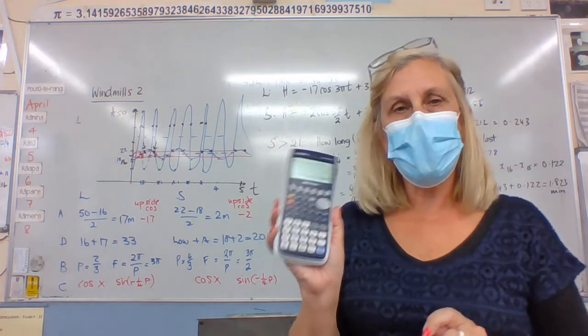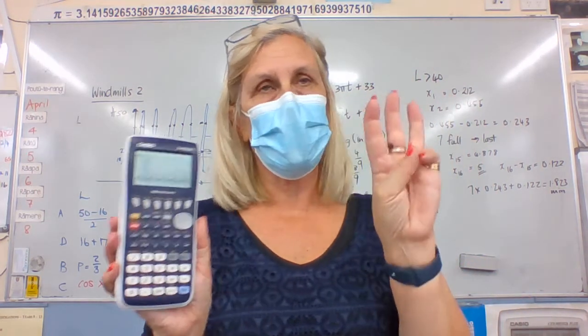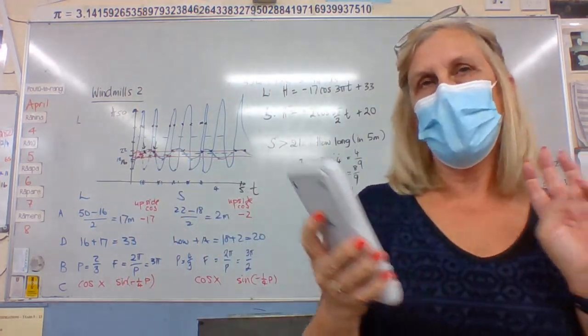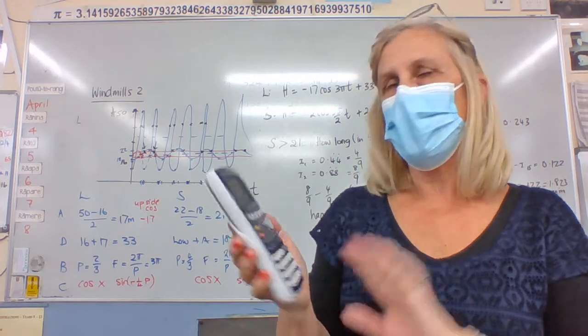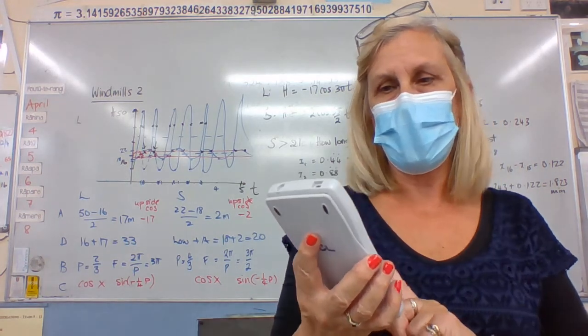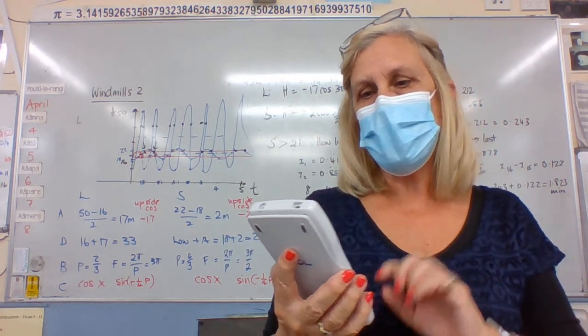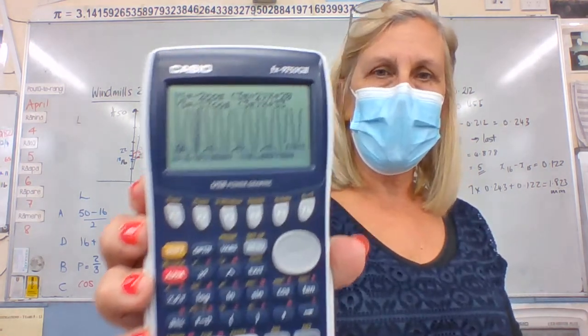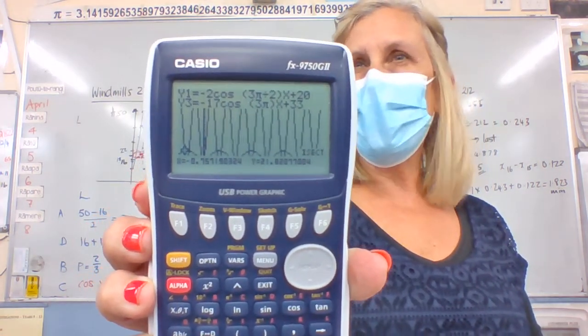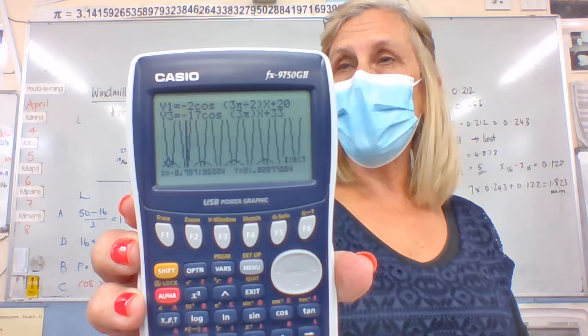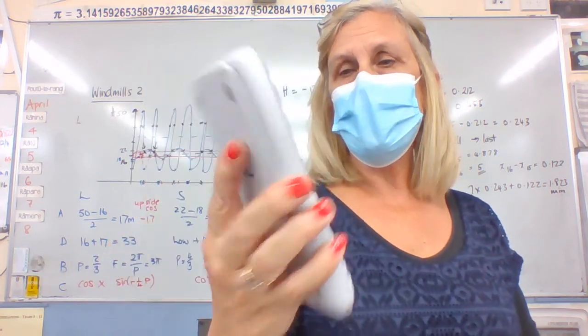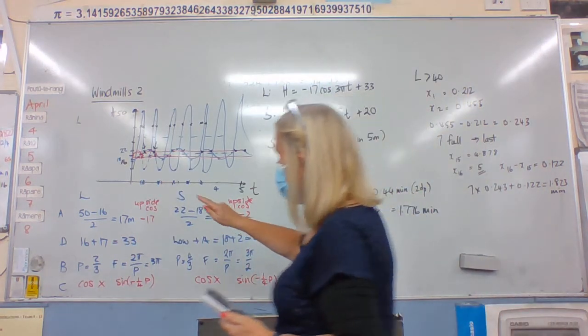So on your calculator, now you've got 3 things showing. You turn them on and off by selecting them with the EXE button. So if you select the first 2, it will come up with Y1 and Y3 as the equations at the top and when they intersect. So you need to figure out what it is you're trying to solve here.